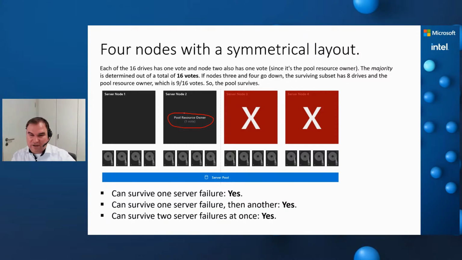For exactly this scenario here, 50% of the disks fail. In this scenario, we still have 1 data copy remaining because we discussed this: with 4 servers, we have a 3-way mirror or a dual parity. When we lose 2 data copies in a 3-way mirror, 1 copy is still available. We have copies on node 2 and we have copies on node 1.